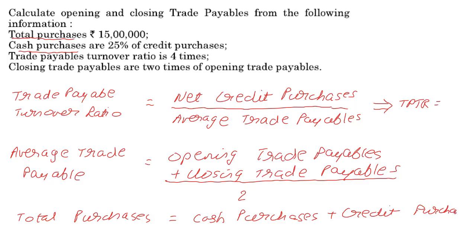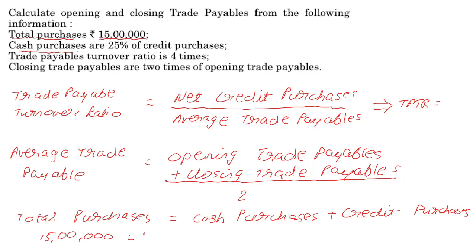Now that we have this, we can solve for credit purchases first. We know that total purchases is 15 lakhs. So 15 lakhs is equal to cash purchase plus credit purchase.